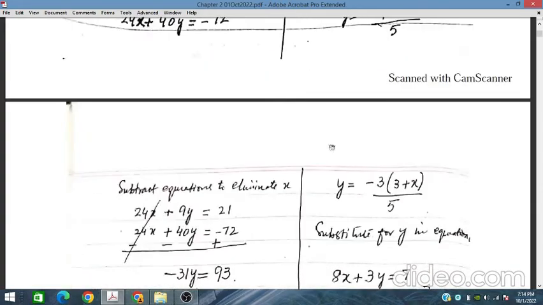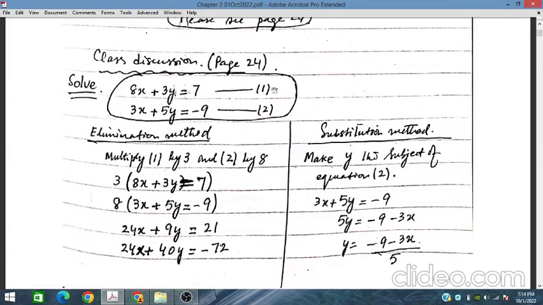By the substitution method, we make y the subject from the second equation and place it in the first one. From the second equation, we make the subject like this, by moving this term over and then dividing by 5, and this is y.